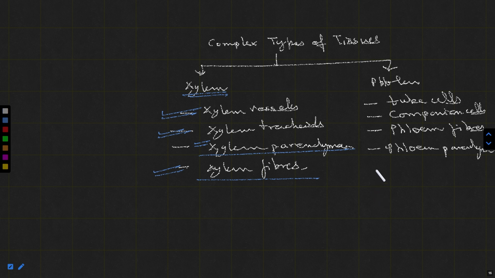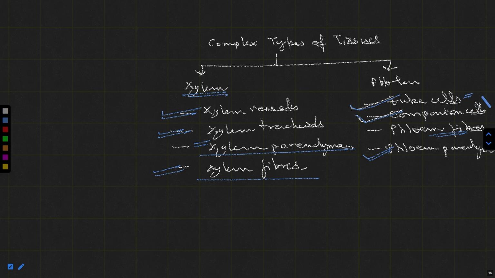So the tube cells, companion cells, and the phloem parenchyma, these three are living, just the opposite. There, three were dead and only one living. Here three are living and one dead. That is, the phloem fiber is dead, whereas the three are living. So these are the components.